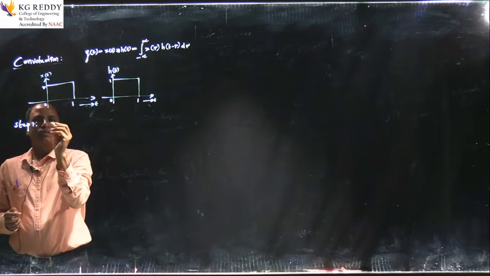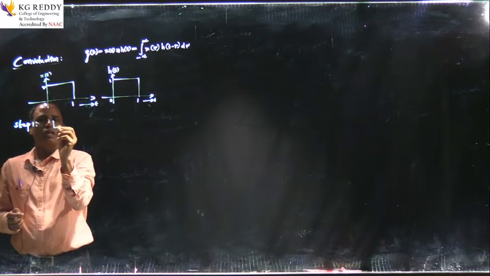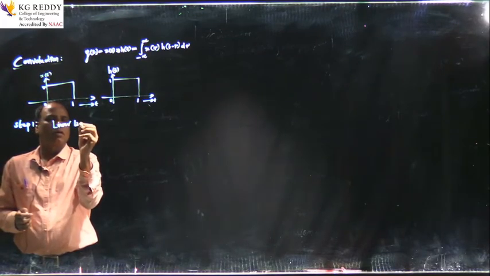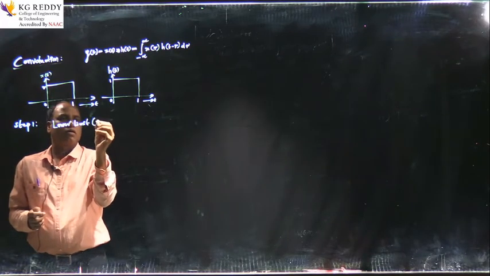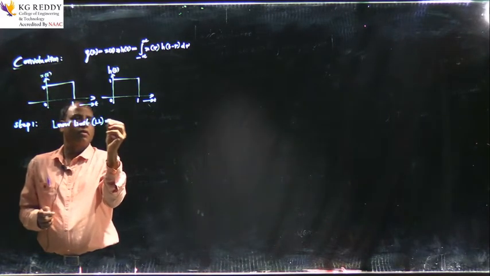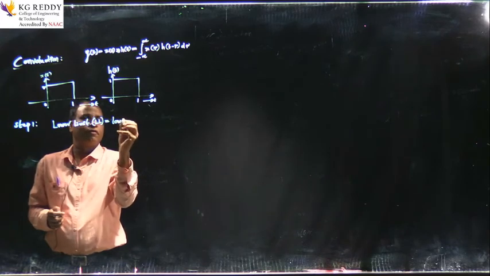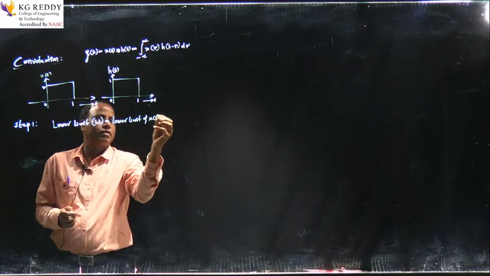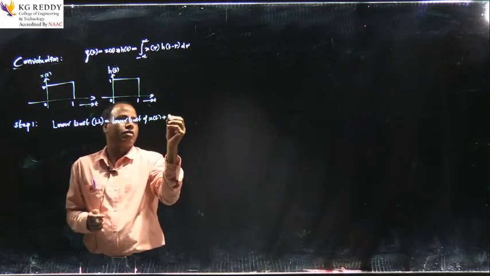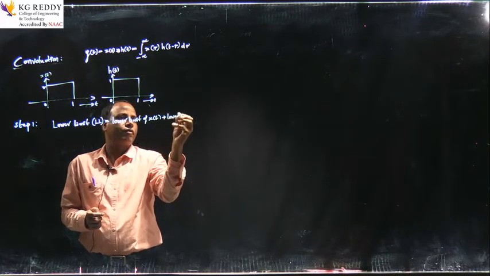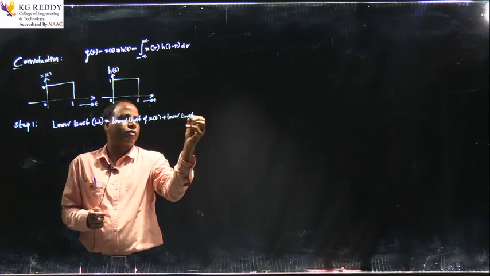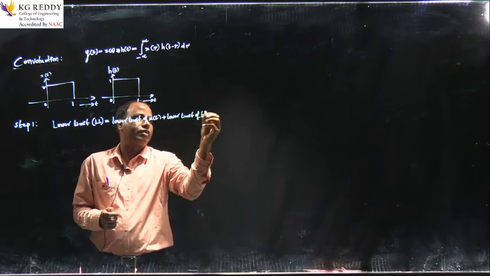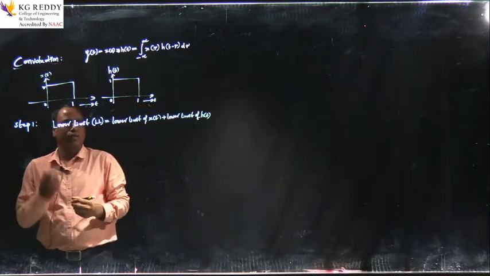So in step 1 we calculate the lower limit, LL, which is the lower limit of x of t plus the lower limit of h of t.